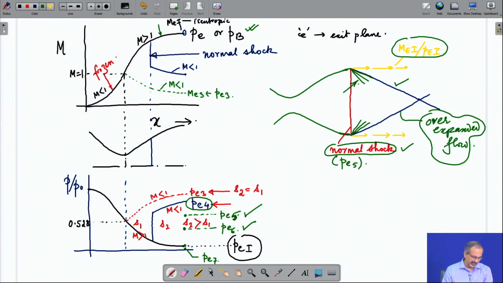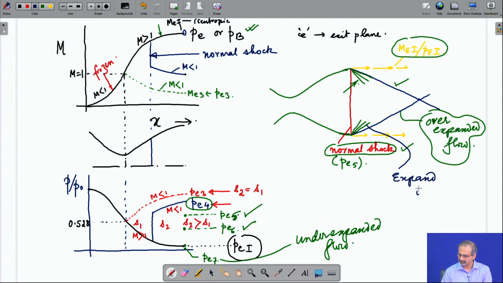And there is still another case which is called the under expanded flow. That means by the time it reaches the exit plane, you have to expand it further. It is still not expanded enough, and how does it expand?